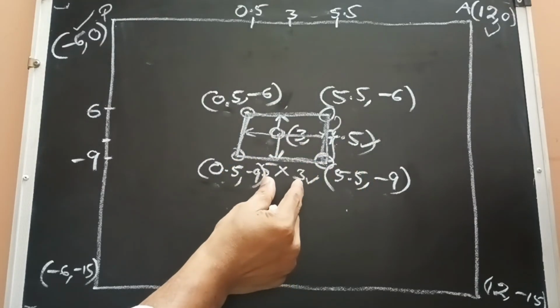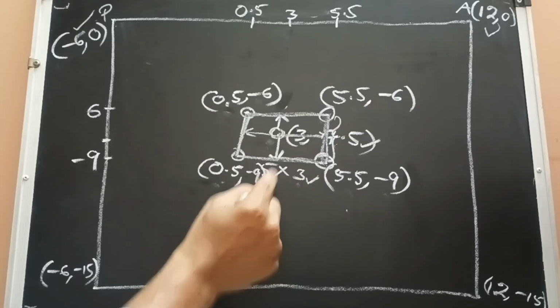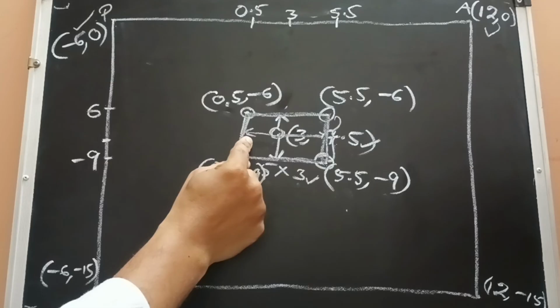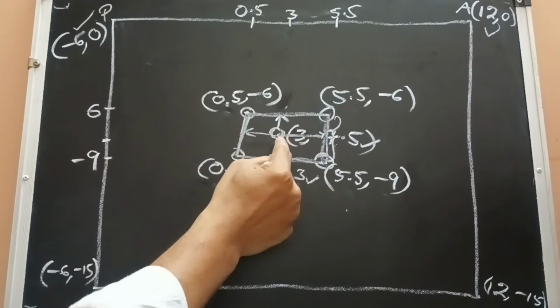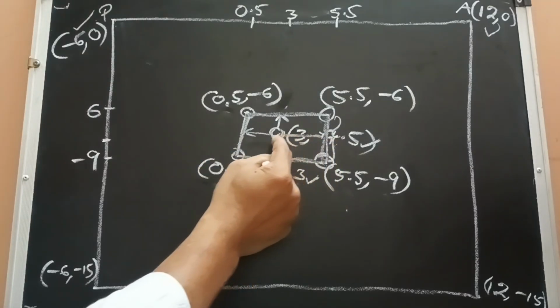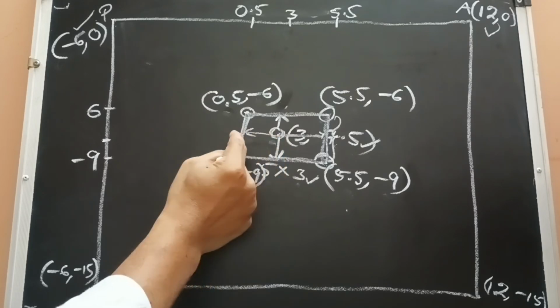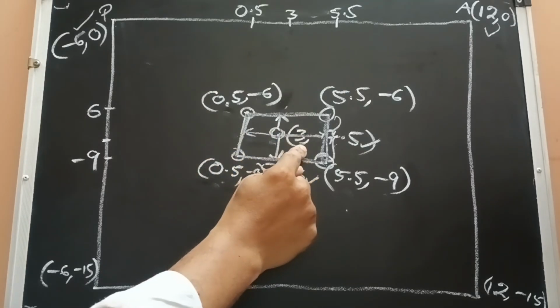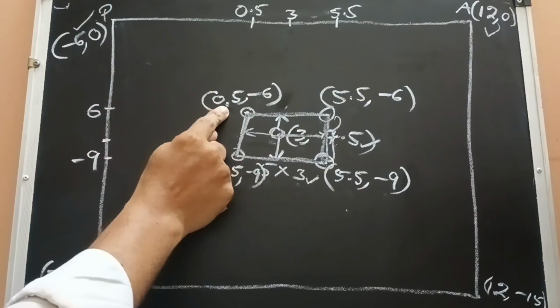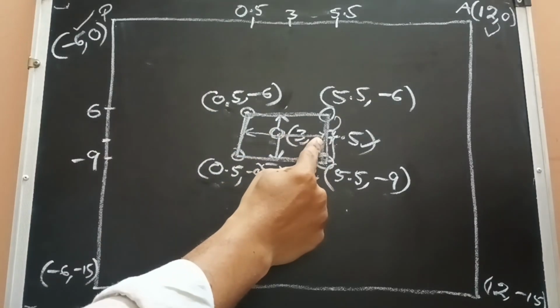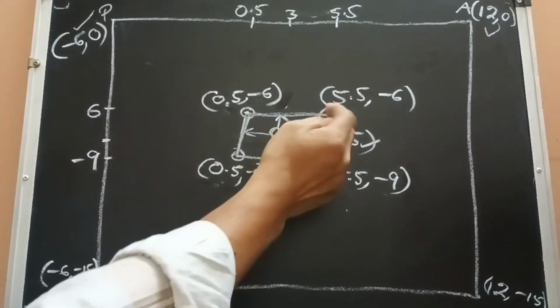The table dimensions are 5 units and 3 units. 5 units means from this point to here it should be 2.5, and from this point to this it should be 2.5. So if you decrease 2.5 from 3 you get 0.5, and if you add 2.5 you will get 5.5.